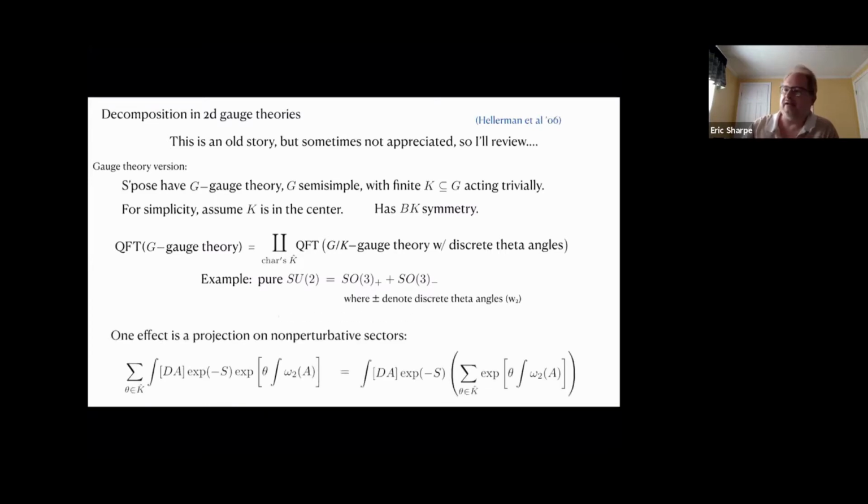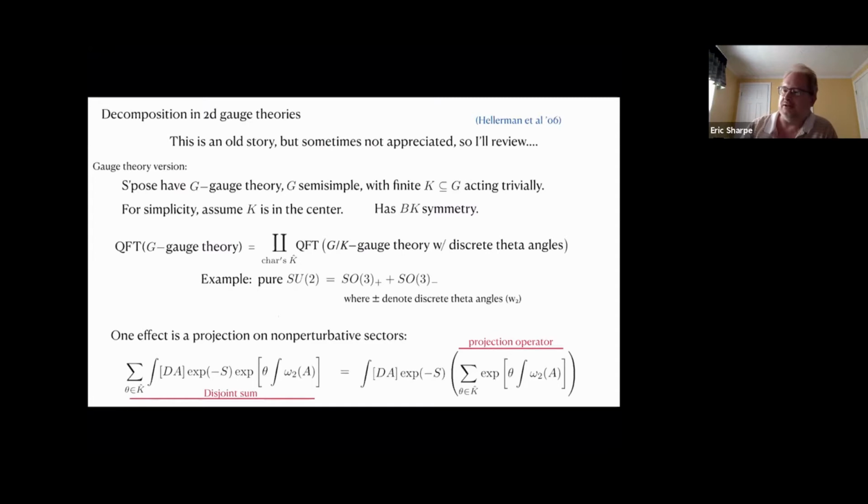Now, one effect of this decomposition is to implement a projection on non-perturbative sectors. And so I've tried to illustrate very formally at the bottom how that works. On the left, I have a disjoint sum of path integrals involving just a sum over the possible discrete theta angles. And on the right, I've taken that sum and moved it inside the path integral measure.